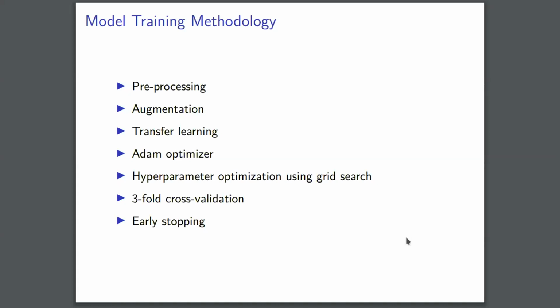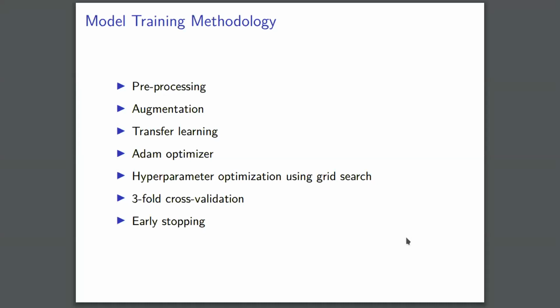The only hyperparameter we are optimizing is batch size, because we experimented with other hyperparameters, and they don't seem to make much difference compared to batch size. We are performing threefold cross-validation, and we also have early stopping. We are training for 20 epochs, but because early stopping has a patience of 5 epochs, most of the training converged before 15 epochs.